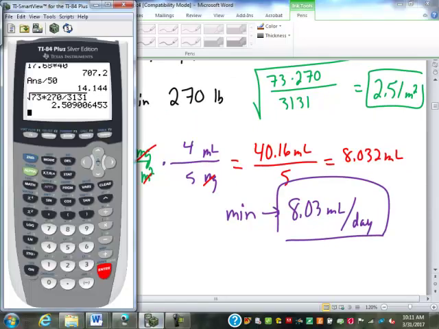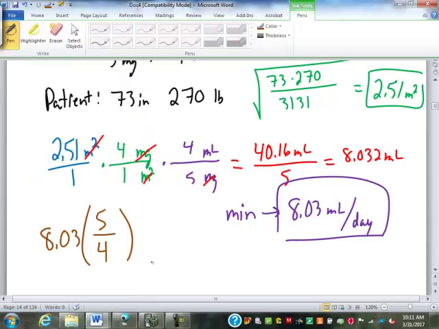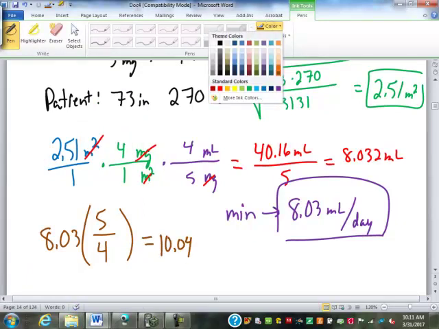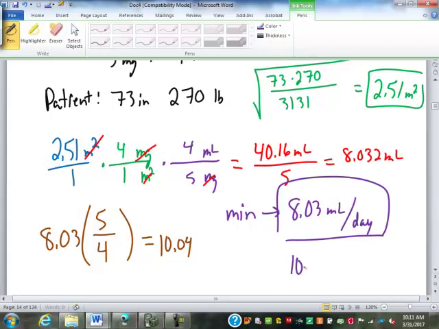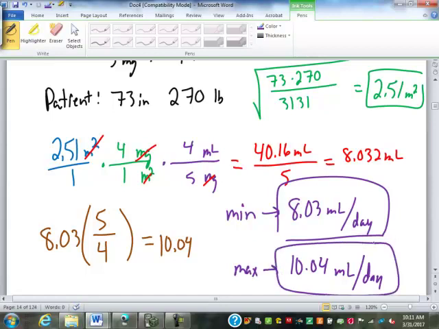So 8.03 times 5 divided by 4 gives us 10.037 or 10.04. So the maximum safe dose is 10.04.